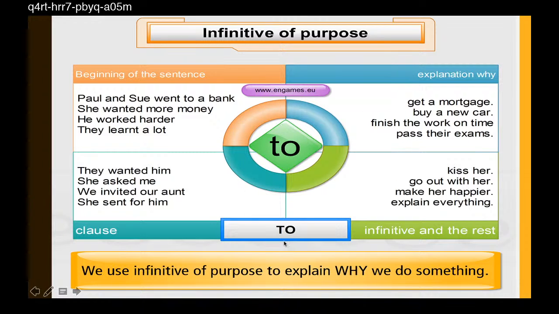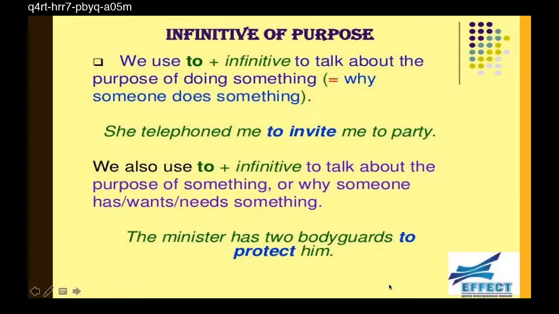So it's important to understand that we use to and the verb to explain why we are doing something. We use the infinitive of purpose. We have the word to and the verb in infinitive form, the base form, to talk about the purpose of doing something, why someone does something. As an example, she telephoned me to invite me to a party.